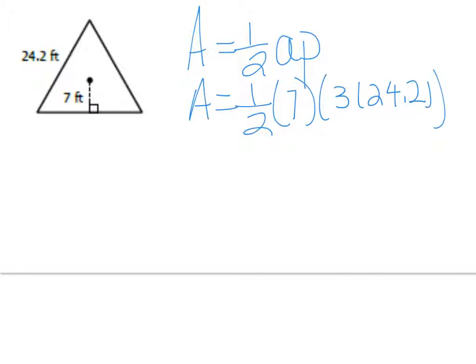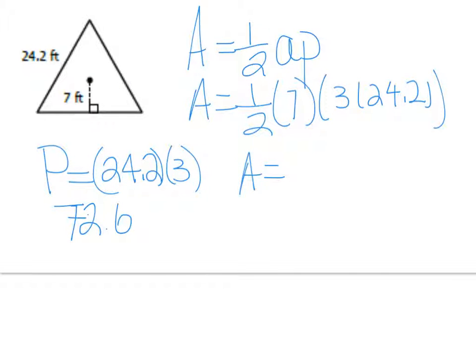And that's going to give us the perimeter. So we can figure out the perimeter on the side, or we can go ahead and put it in the problem and multiply it out. So it's 24.2 times 3. So when we put it all together, we get the area is 254.1 feet squared.